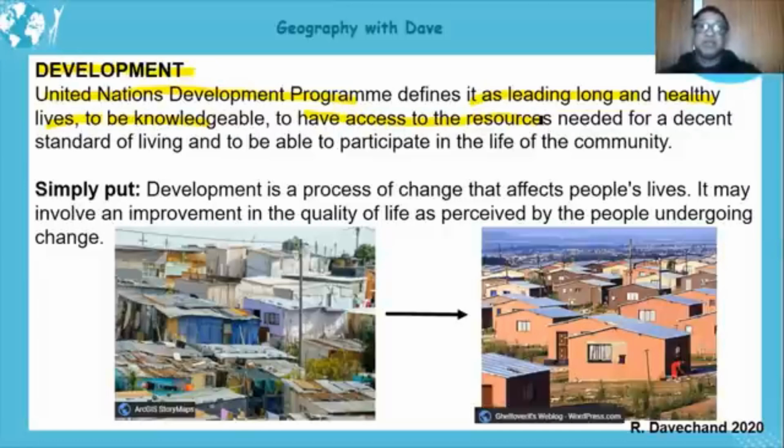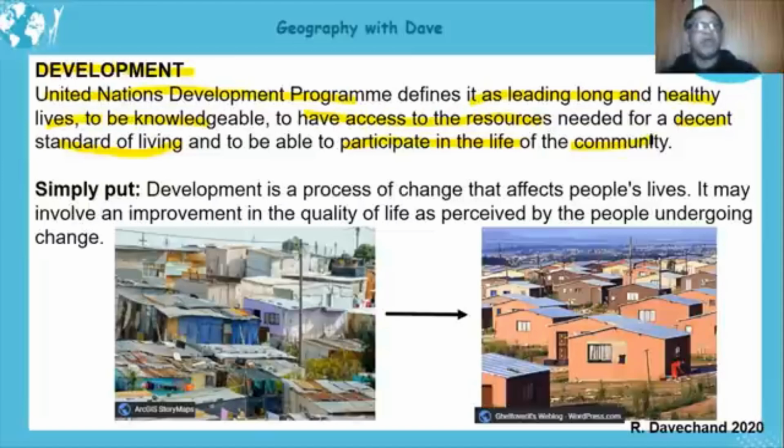I know I'm repeating myself. All these things to have a decent standard of living, to live comfortably and be able to participate in the life of the community. You can actively participate. So it includes all that in terms of even the quality of life of a person.